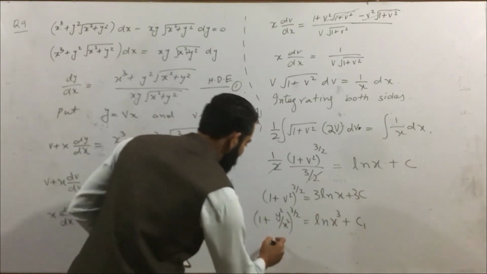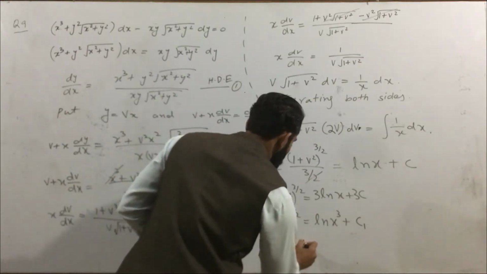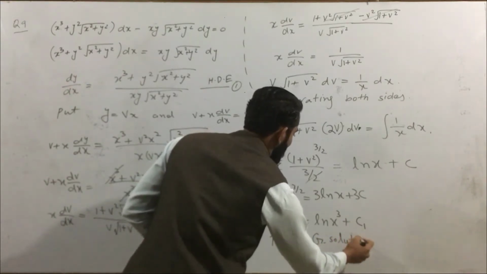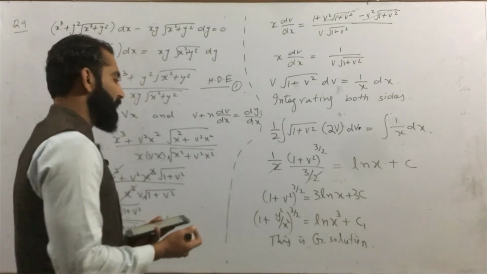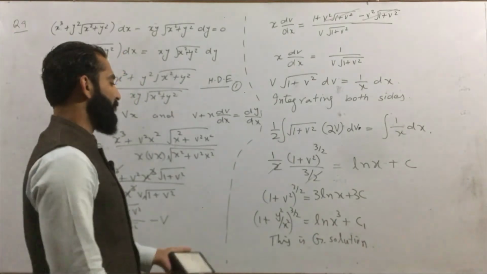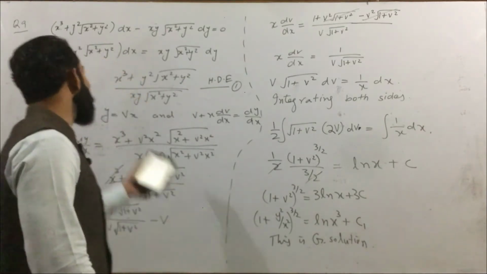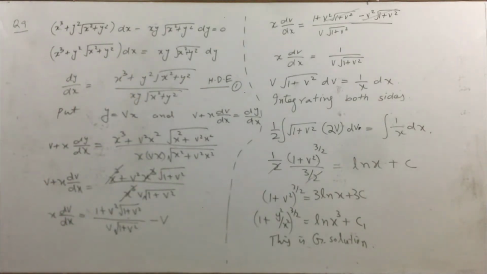This is the general solution. If you want to solve it further, 2 or 3 steps you can solve it and make an equation, but you can call this the general solution of equation number 9.